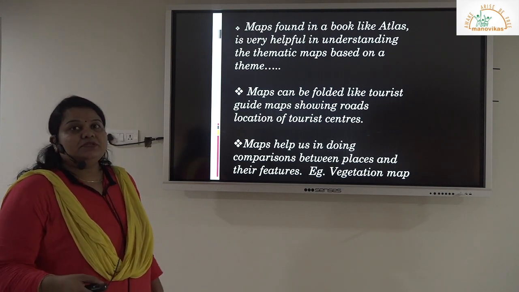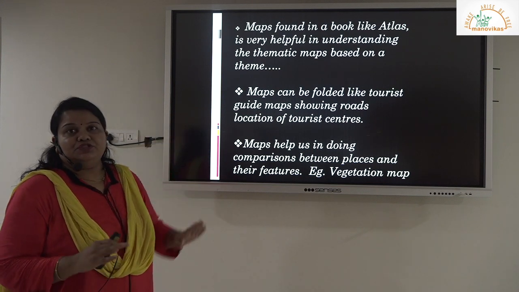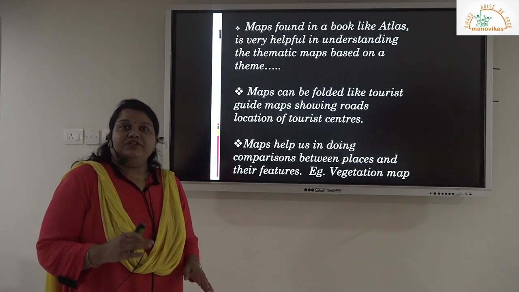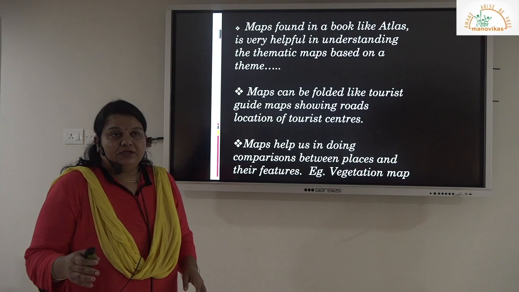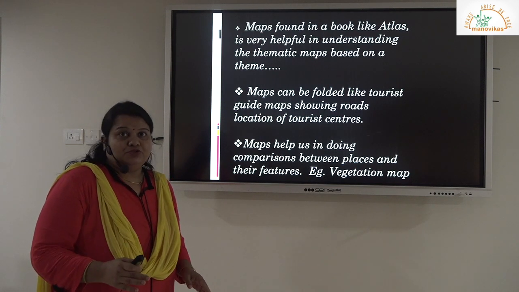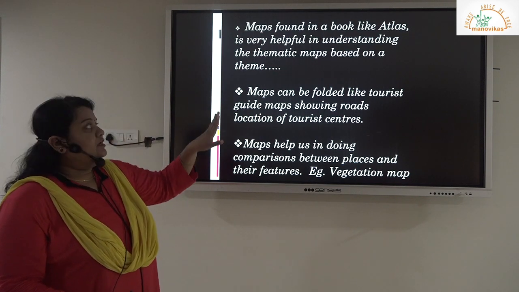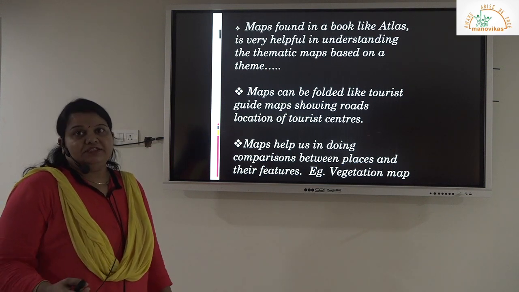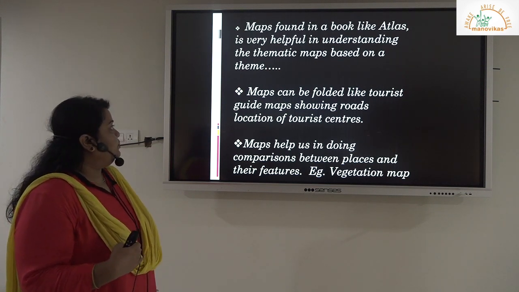So these maps are put in the atlas to check for it. Apart from this, various continents, their political divisions, physical distribution, all that is put in atlas, and we can check for various details depending on our requirement.